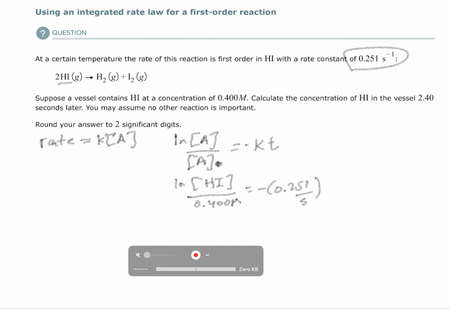That's my k, and then my t is 2.40 seconds. Seconds will cancel with seconds, leaving you unitless at the moment.